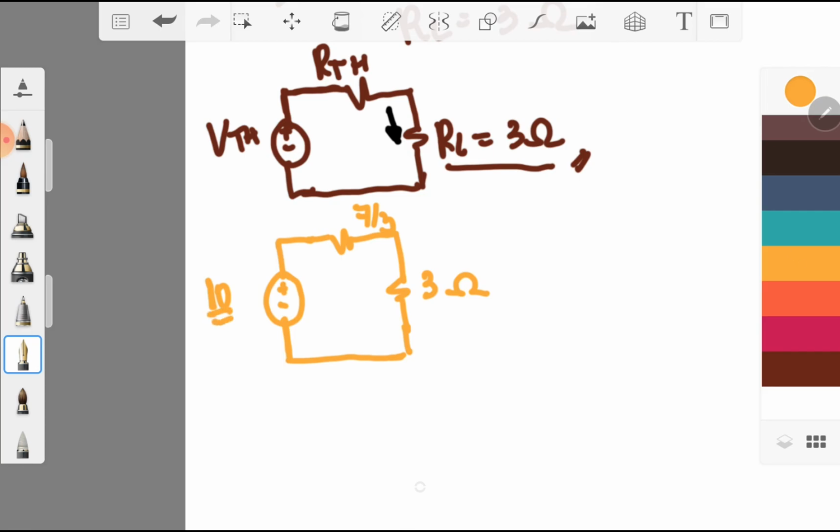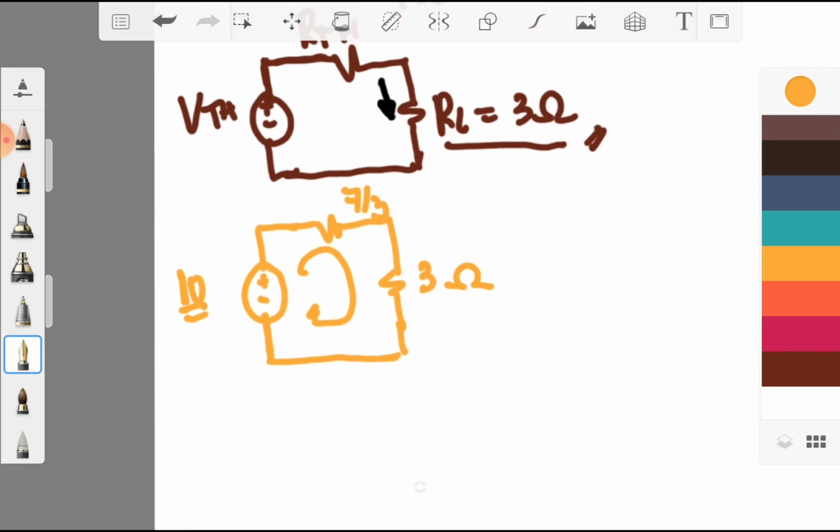So we will perform a KVL. Okay? So upon performing KVL, you will see that we'll have negative 10 volts. Take note that the I is within the direction of this one, so this will be positive.